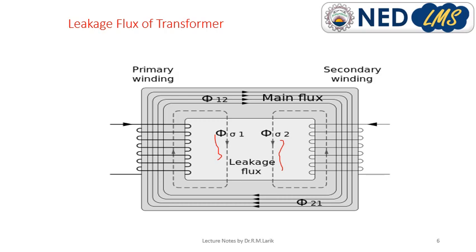Let's suppose the secondary side is connected with the load, and the primary side is connected with the supply. So when the load is connected on the transformer secondary side, what happens?